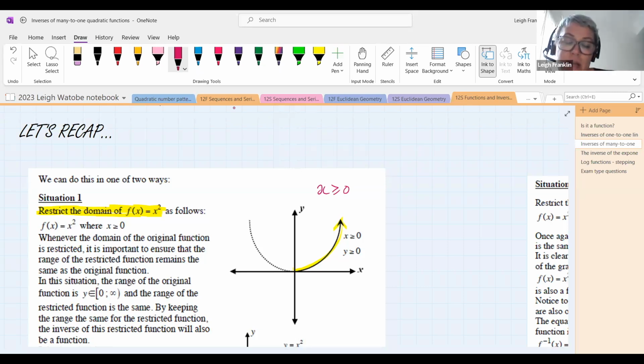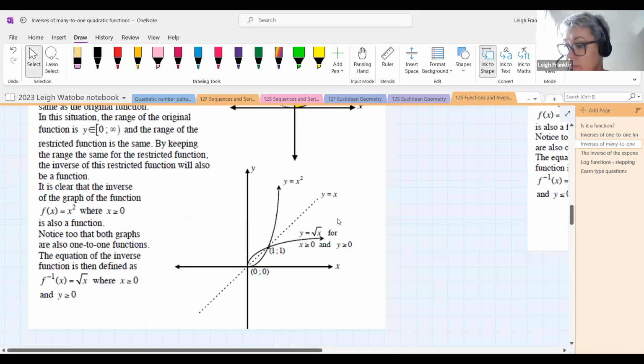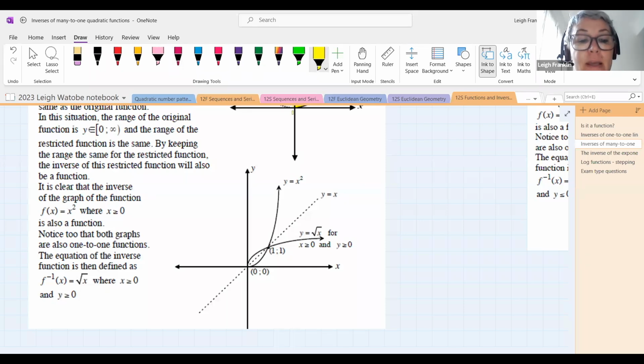What this means now is that that yellow arm that we've got highlighted on the page is no longer a many-to-one function. It is now a one-to-one function. Okay, and that is the arm that I'm going to reflect over the line y equals x in order to create the inverse function.